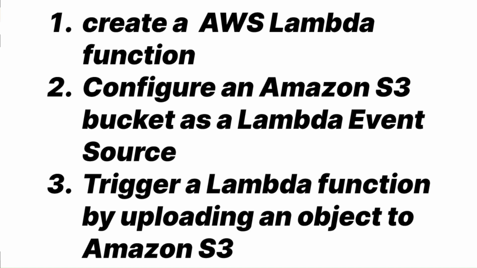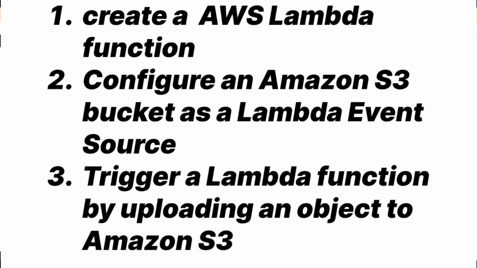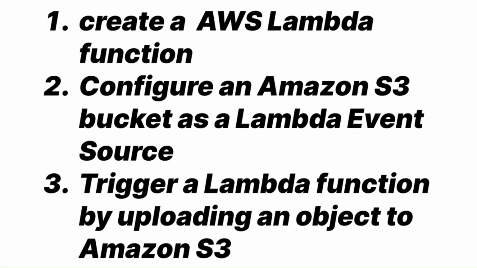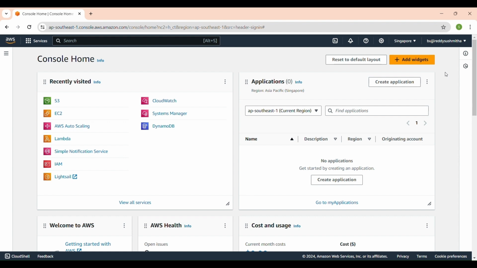Here, the mail which is going to get the notification has to be uploaded in the code. Let's see how it works, how we are going to create an S3 bucket, and how we are going to use this Lambda function and all the stuff here.